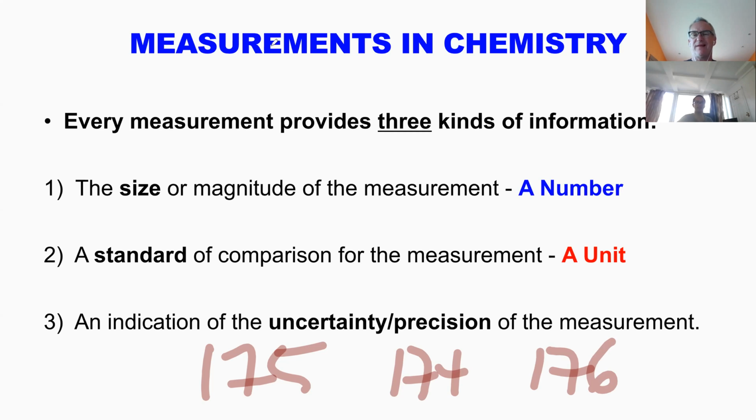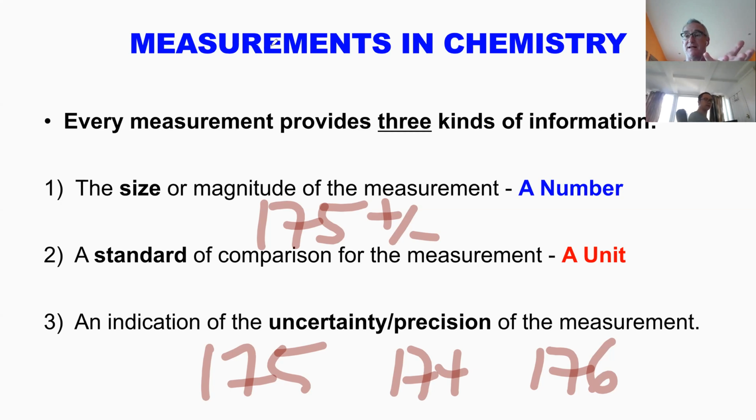in that instance, you would have to give 175 plus or minus, and then a number. Yeah, you have to say plus or minus. But this is the difference if a scientist gives you a number or a layperson gives you a number.